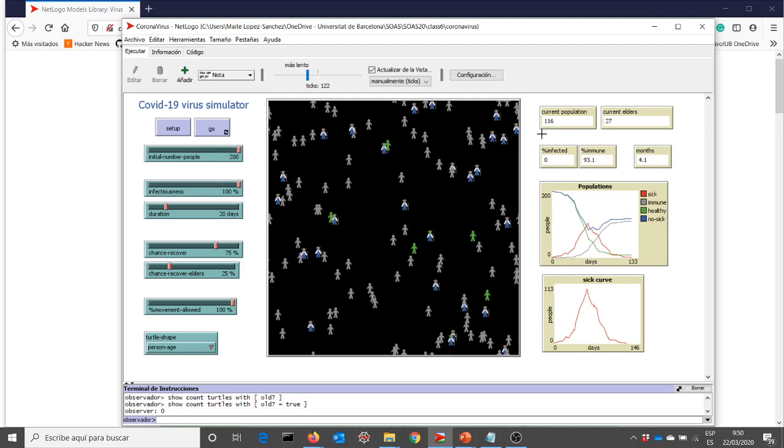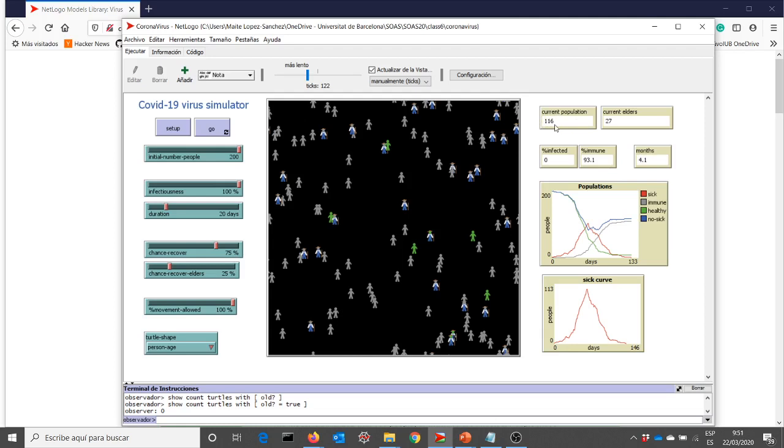We had an initial population of 200 people, from which 60 were elders, and after the simulation, which lasts for about 4 months, many people have died from the disease.